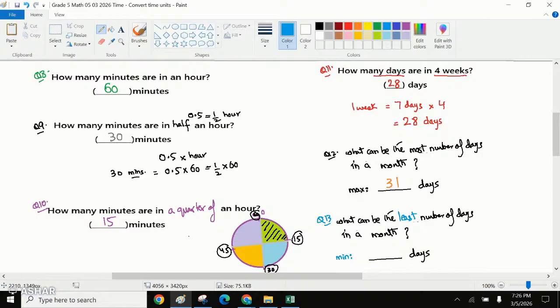Because January is 31, February, then March is 31, April is 30, May is 31, June, and so on. I'm just saying it. So what could be the least? I'm not trying to give you the answer. What could be the minimum number of days in a month?